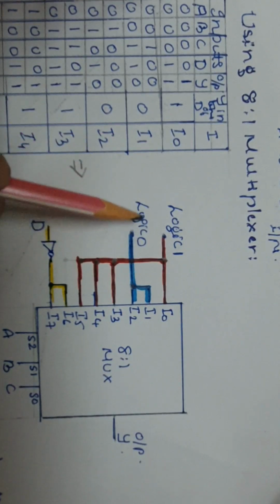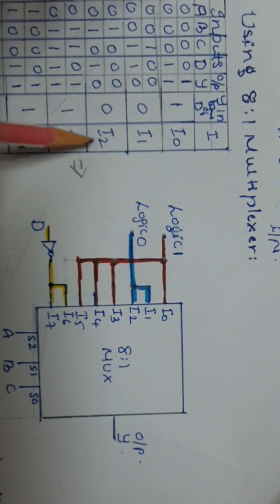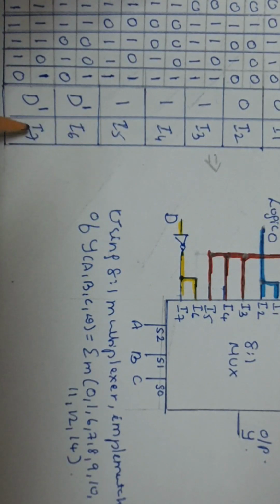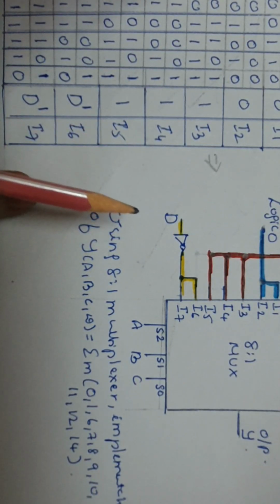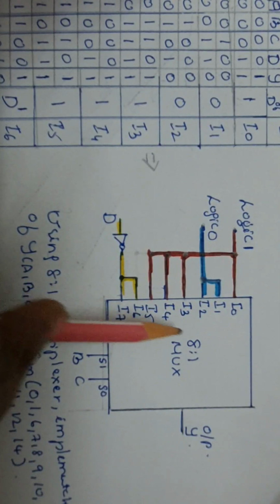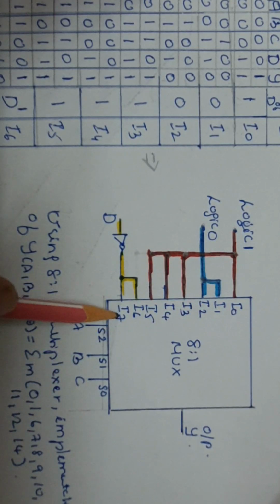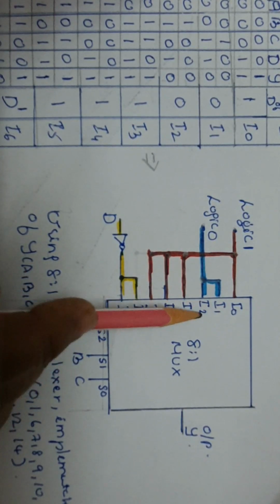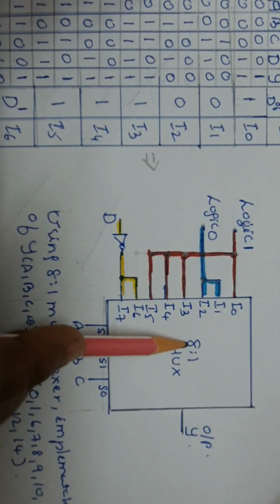This mux has 8 inputs because it is an 8:1 mux. So for the first group it is I0, I1, I2, I3, I4, next I5, I6, I7. Totally 8 inputs of the mux are found. Then we should draw the 8:1 mux. It has 8 inputs starting from I0 to I7, so 8 inputs.